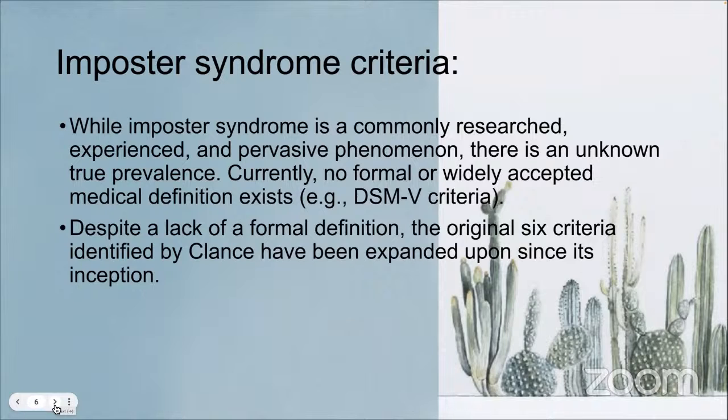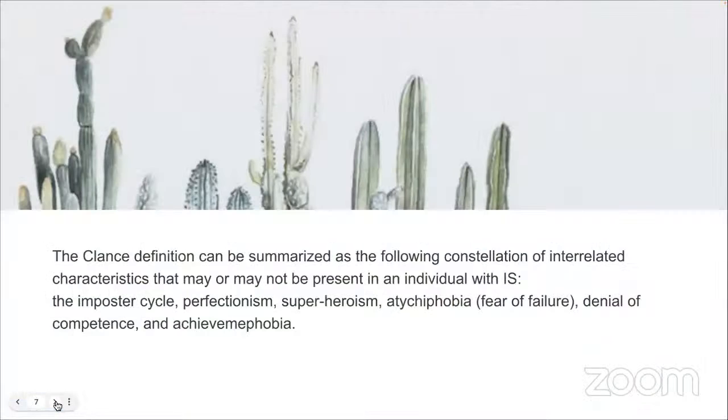Okay, despite the lack of a formal definition, there are the original 6 criteria identified by Clance that have been expanded upon since its inception. So they did more research to work on the criteria. Okay, we'll have a look at the criteria.